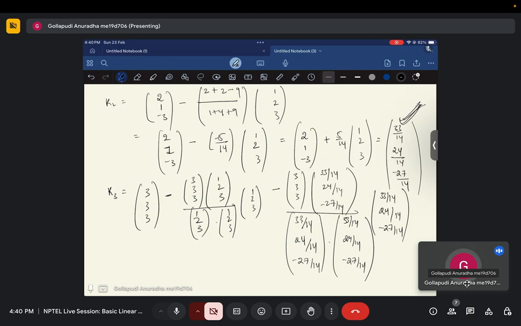Please skip this calculation, I think it will take time. So I hope you reach till here. Then in the same way you can do this also. Shall we move to the next question?